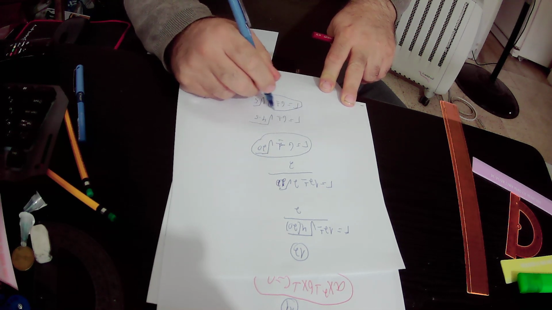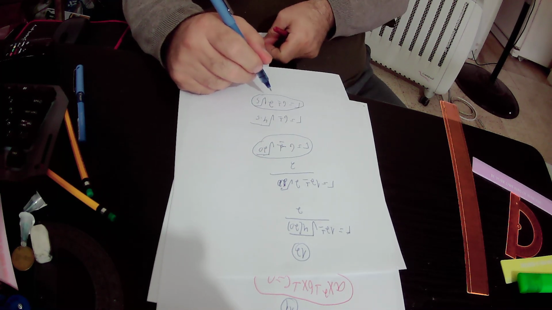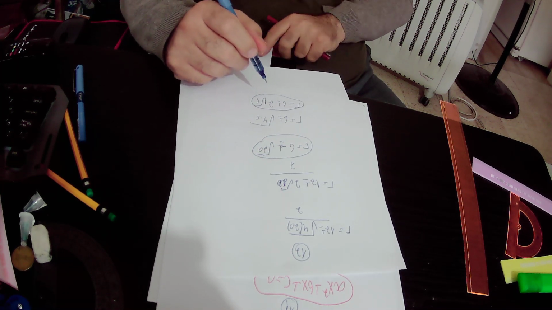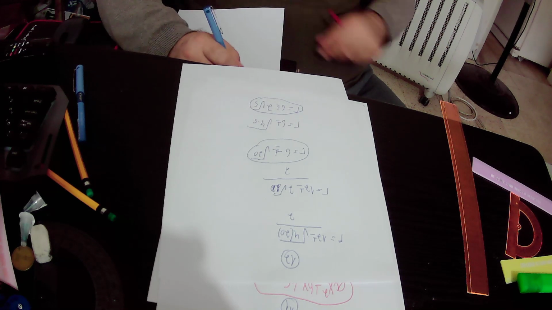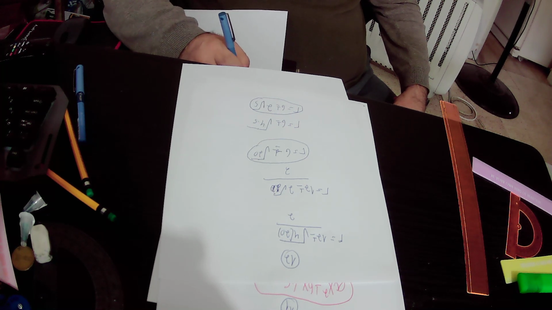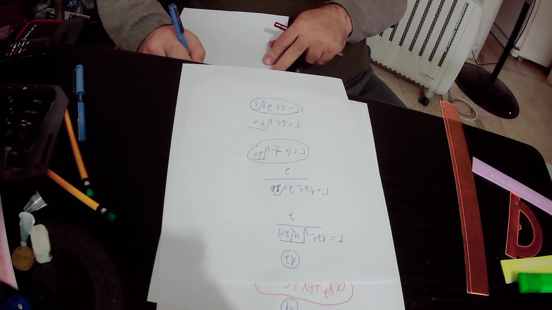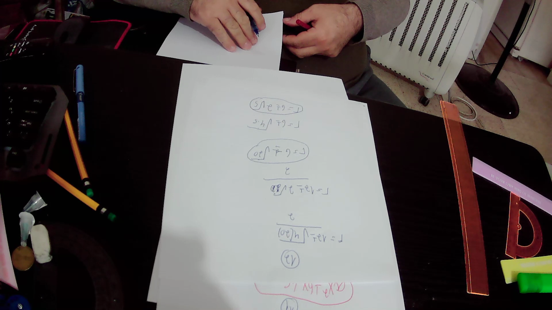So we have two possibilities: either r equals 6 plus 2 times root 5, or r could equal 6 minus 2 times root 5.